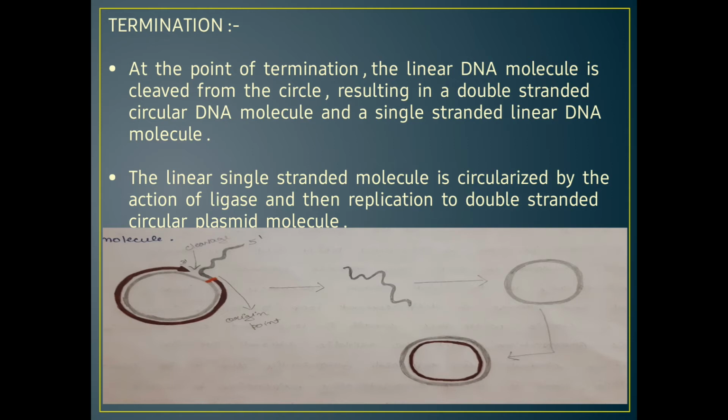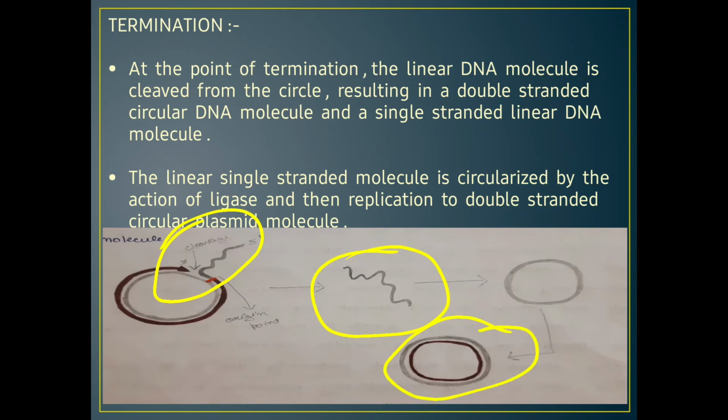Here you can see the cleavage occurs, and after the cleavage occurs there, it moves to a different strand and forms a double-stranded circular DNA molecule and a single-stranded DNA molecule.